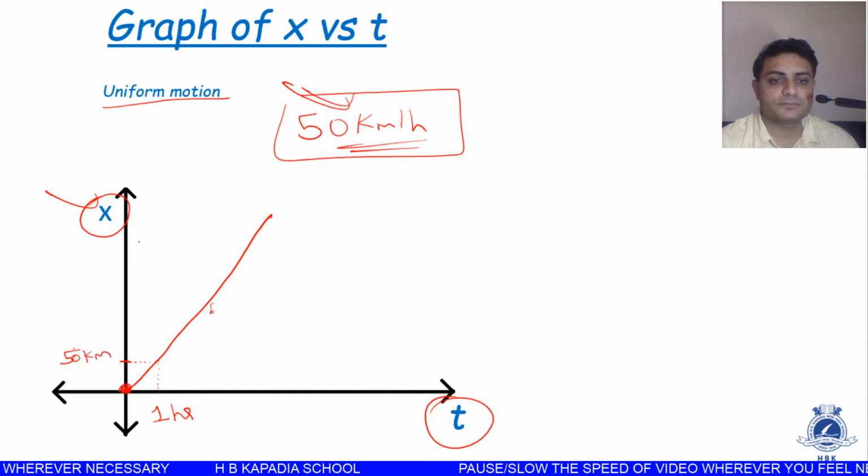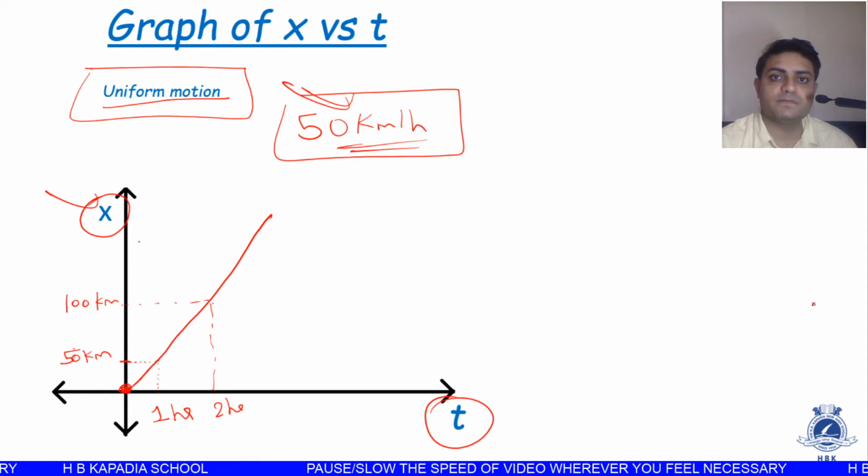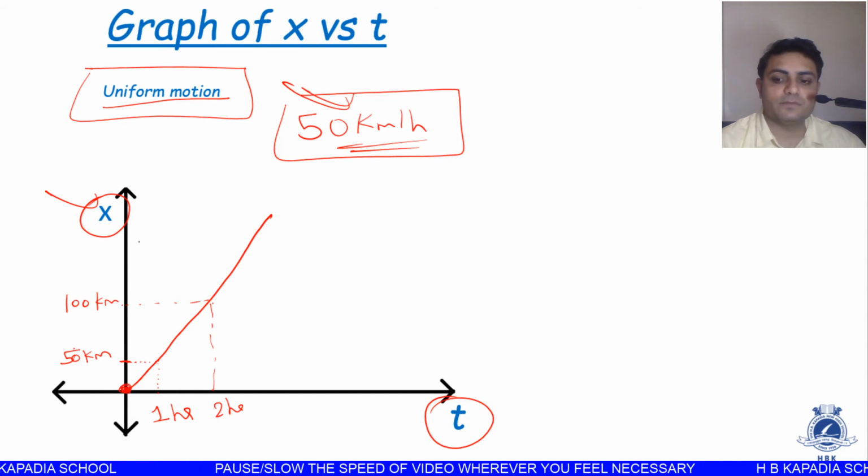After 2 hours your distance covered will be 100 km, and so on. Such a type of motion is called uniform motion, in which the velocity remains constant. So if velocity remains constant, then the graph is said to be of the uniform motion.